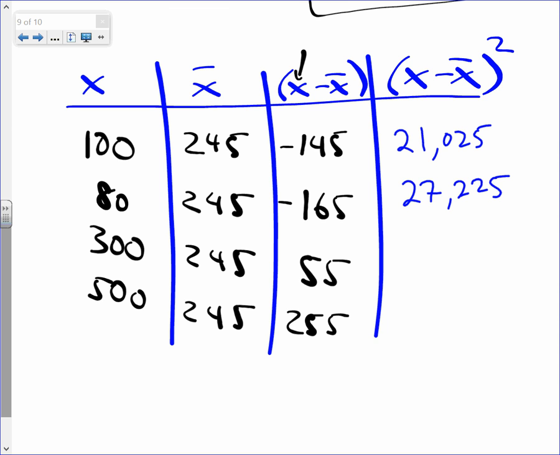So right now we're on step 3 of the 5 steps. Okay, 55 times 55 is 3,025.